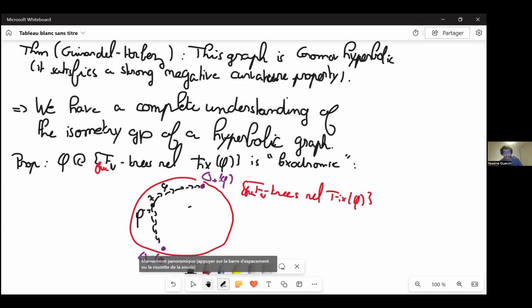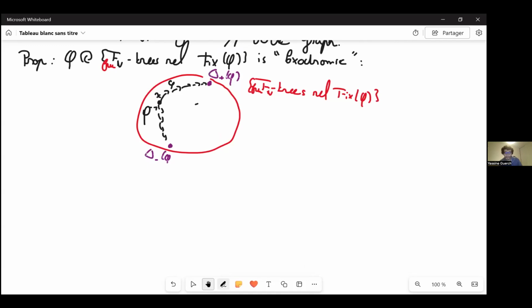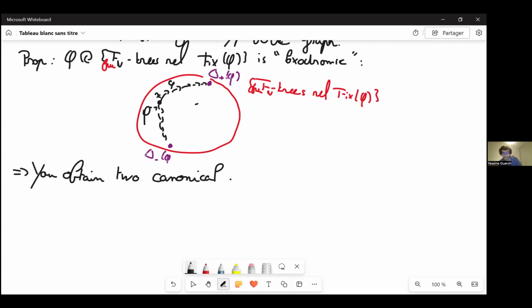So in fact, what you obtain is the following. You obtain two canonical points, which are delta plus of phi and delta minus of phi.